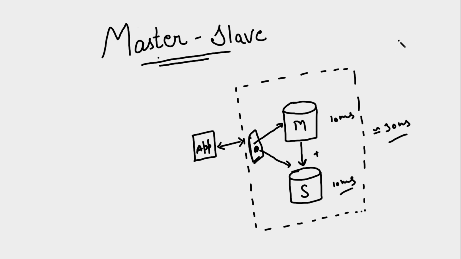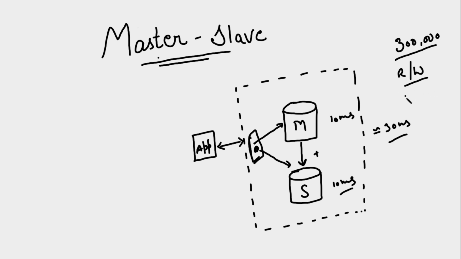Suppose you have 300,000 requests coming per second, and these 300,000 requests are a combination of read as well as write.